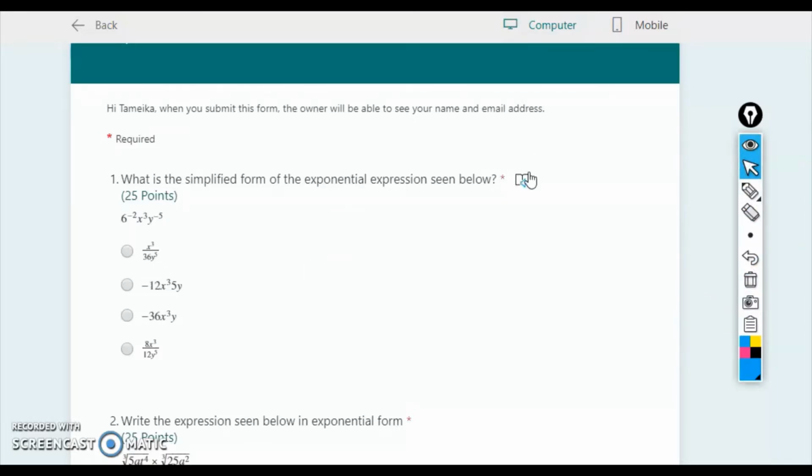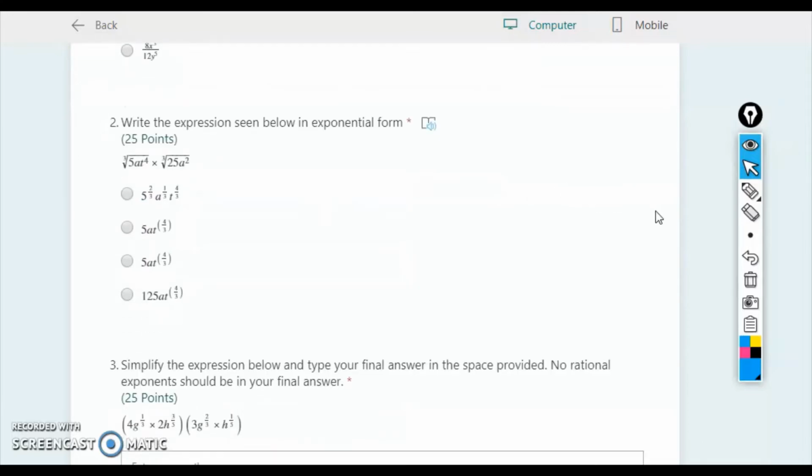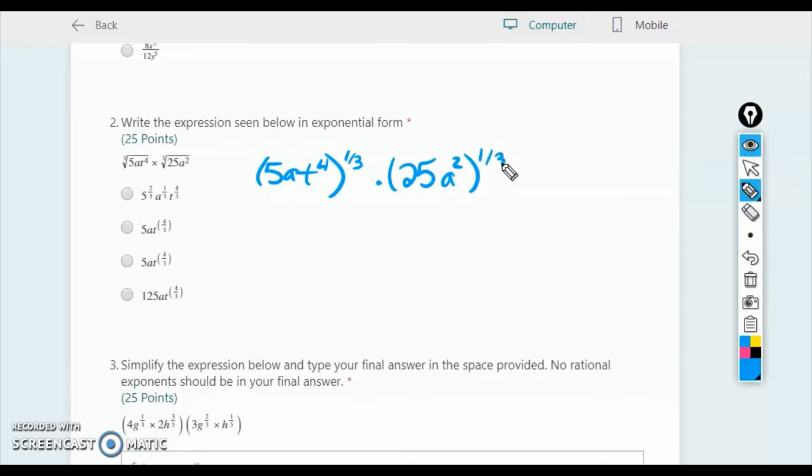Number 2. Write the expression seen below in exponential form. Well, I can write each individual piece in exponential, so all of this on the first part, that's the same thing as 5a to the fourth, all raised to the, since that's a 3 on the outside, that's raised to the 1/3. And the other one is 25a squared, all raised to the 1/3.